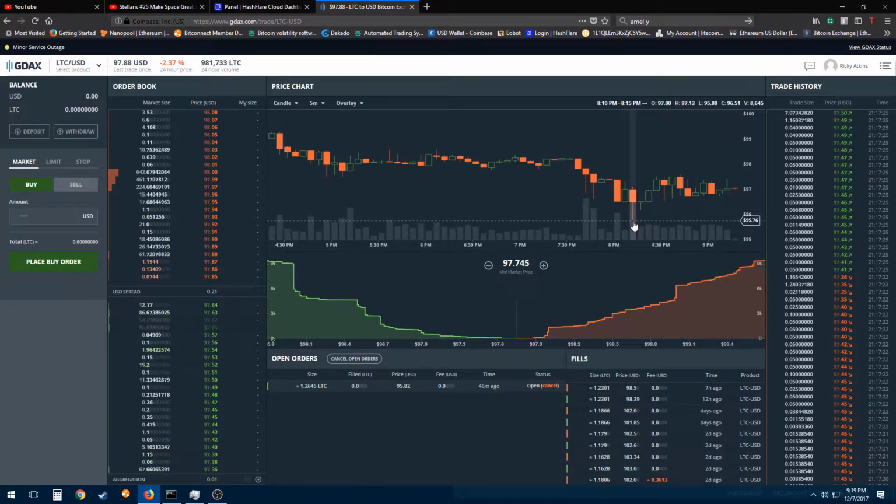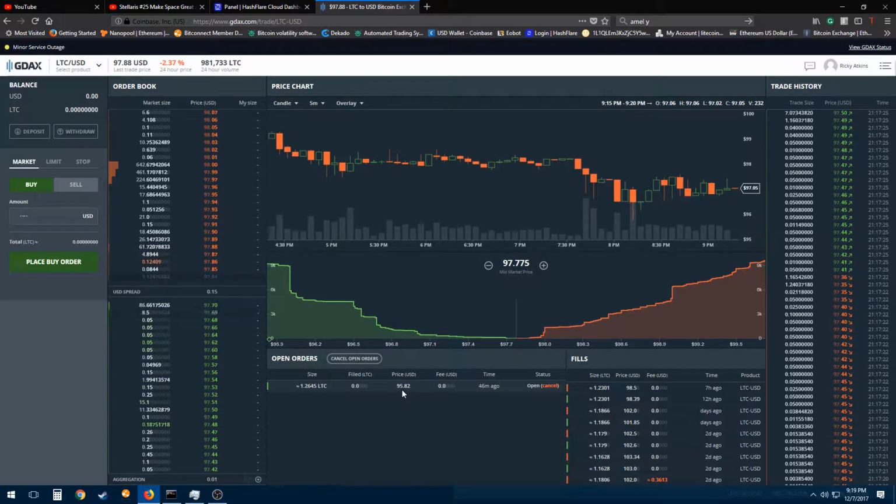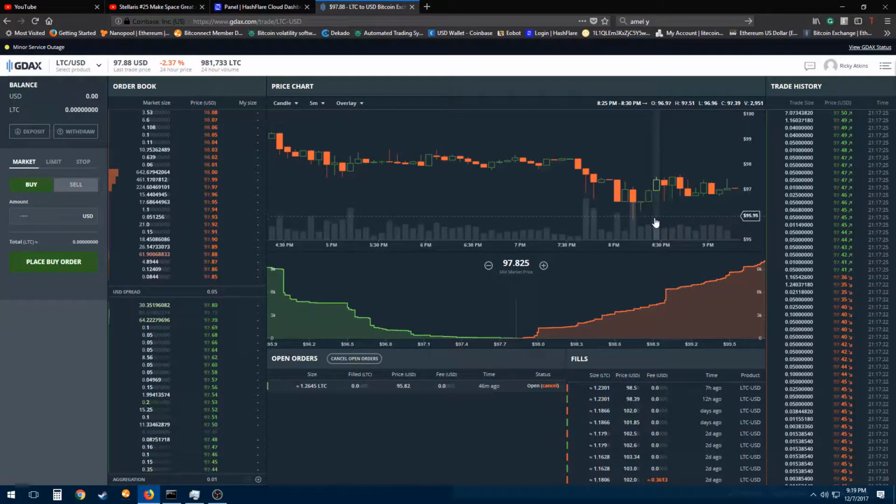Now my next buy is going to be at 95.82 because I seen here at 8 p.m. it hit 95.80. So I'm just riding it out till it dips down again to 95.82, and then I'm going to buy.